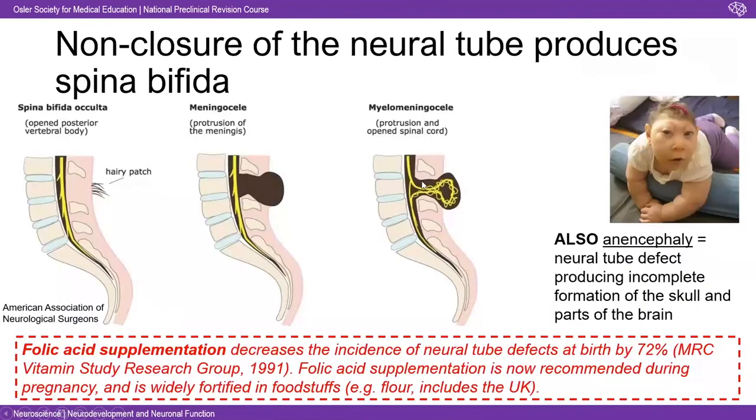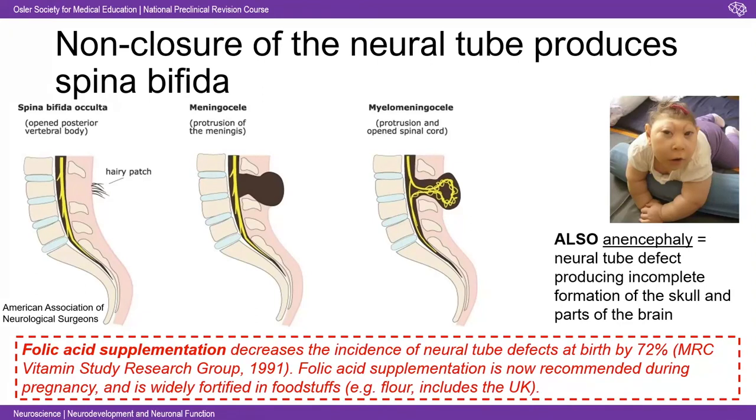Obviously, we love to talk about developmental disorders and problems that arise during development, and a really important group of those thinking about neurodevelopment are your spina bifida diseases, which are developmental problems where you do not get complete closure of the neural tube. There are varying degrees of severity of these. I hope these are words that you recognise.